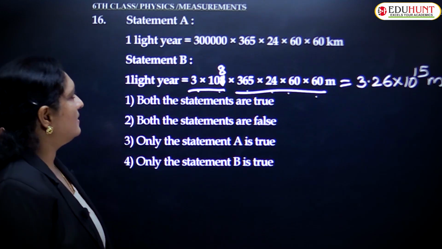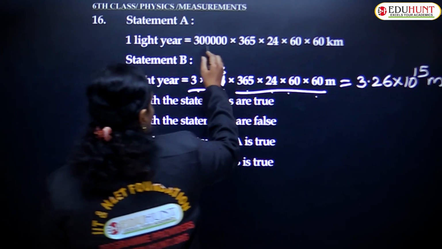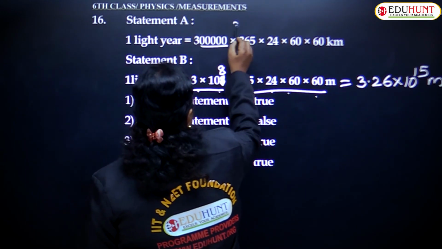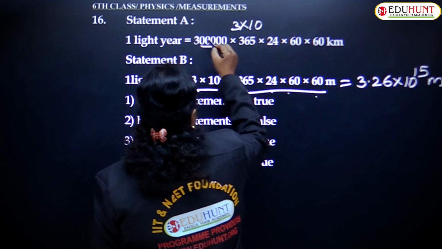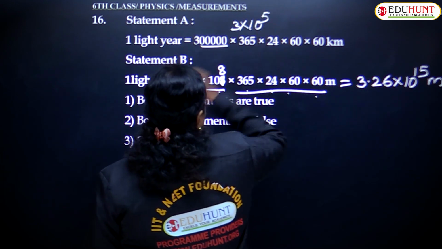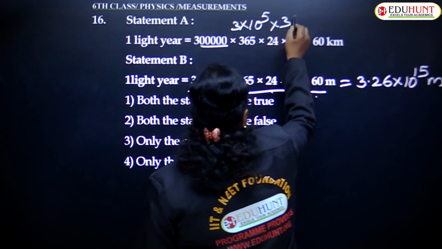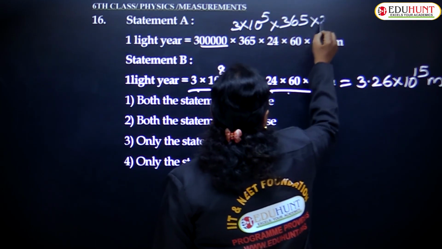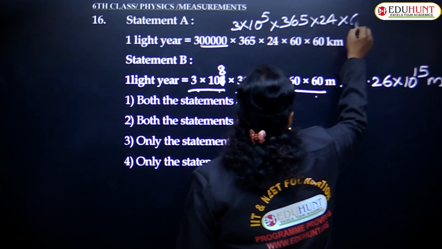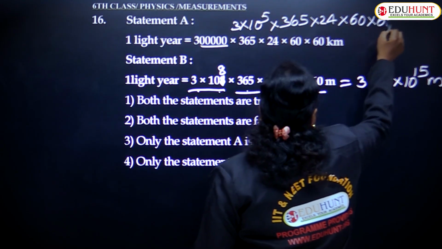Similarly, 1 light year means how much is that? You have here 3 into 10 power, how many zeros? 5. Okay, here it was 8 and here only 5, into 365 into 24 into 60 into 60.